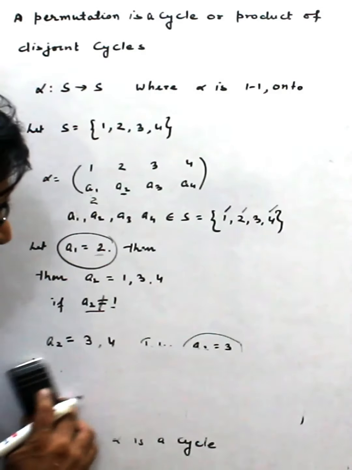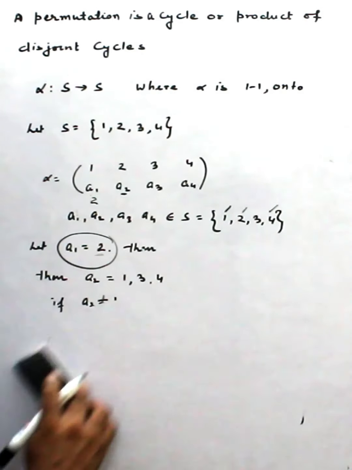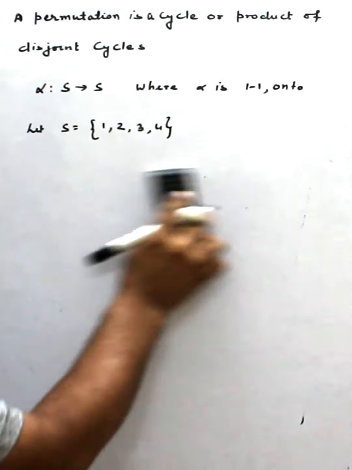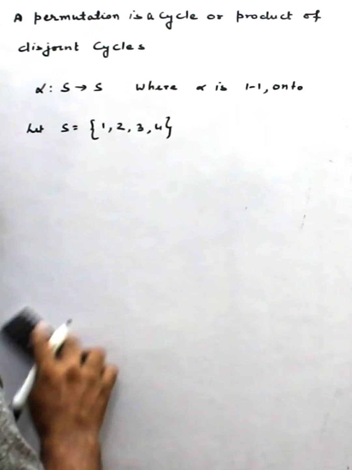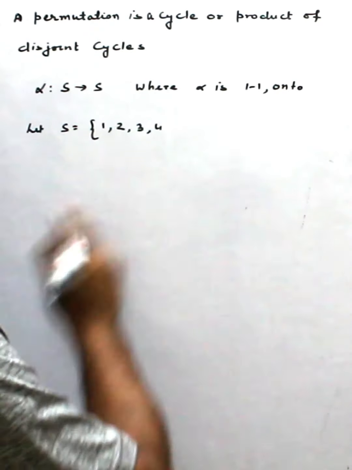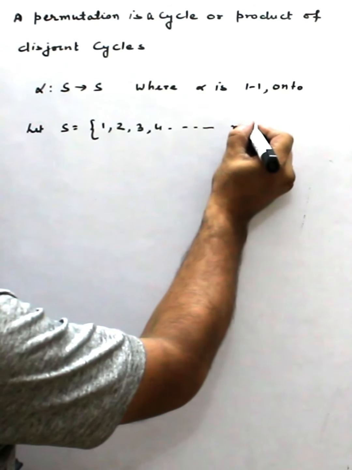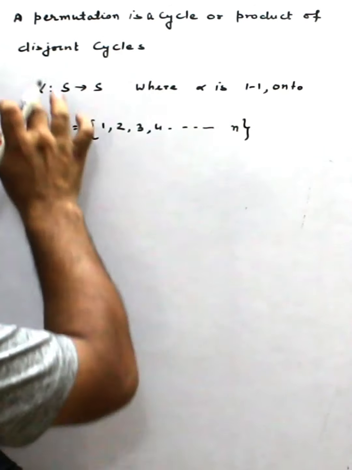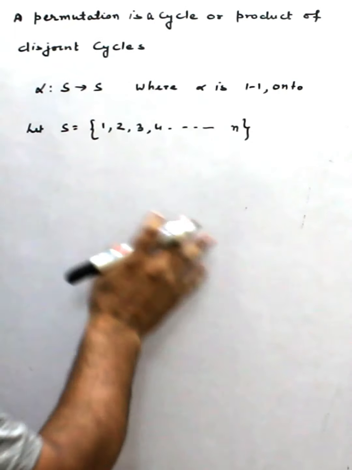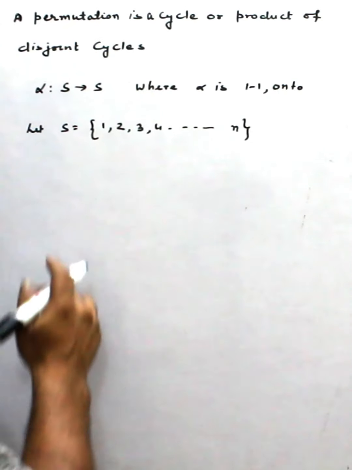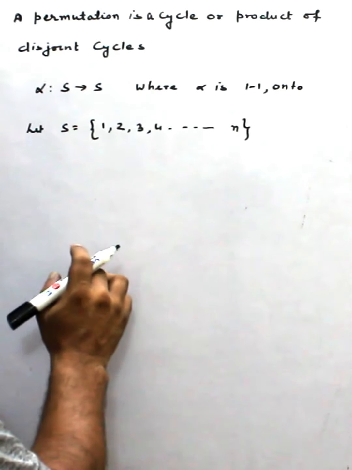But in the same pattern, if I extend, S is a finite set up to n, the alpha is the same, and in this case how can we define it?